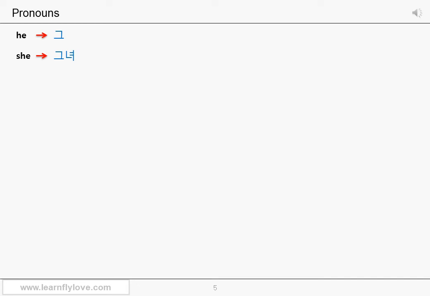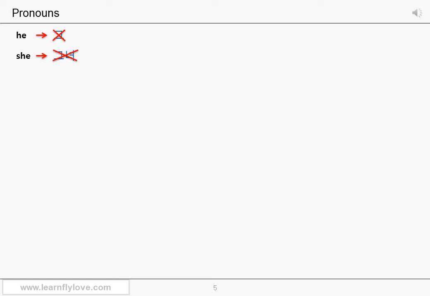And that of the English pronoun she is 그녀 in Korean. However, these two pronouns are not used in spoken Korean, unless you want to sound funny by making it sound literary. These two pronouns, 그 and 그녀, are usually used in novels, poems, or newspaper articles.